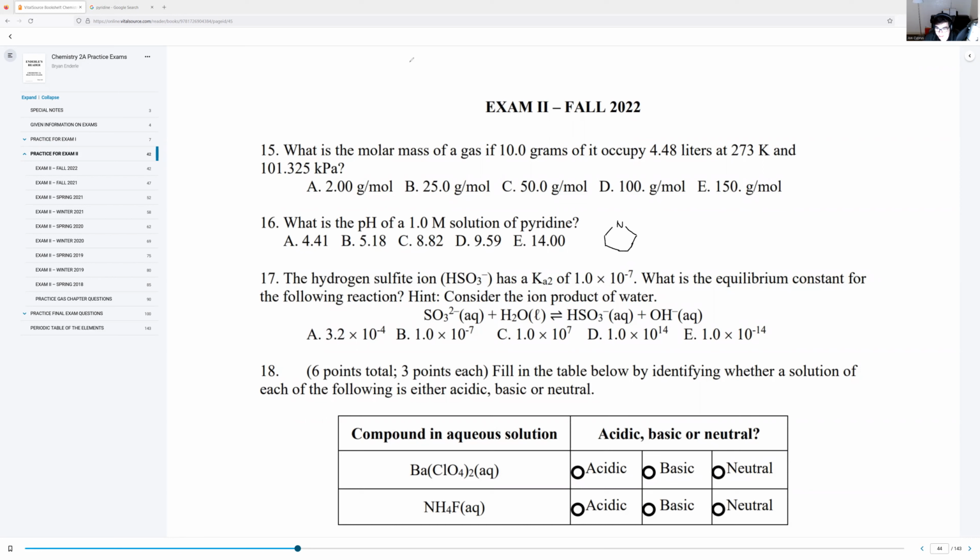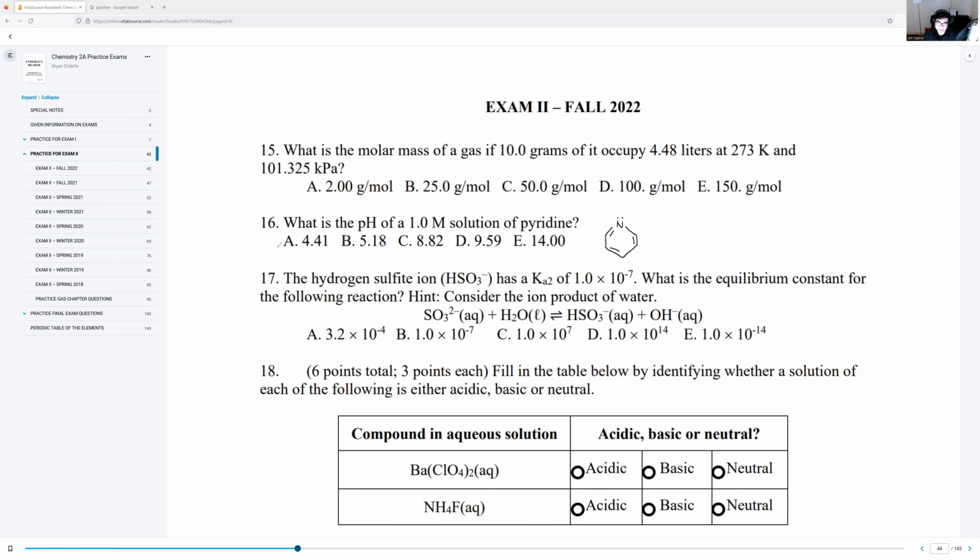Okay, it's supposed to be a hexagon, and then it has alternating bonds like that. So pyridine is going to act as a base.